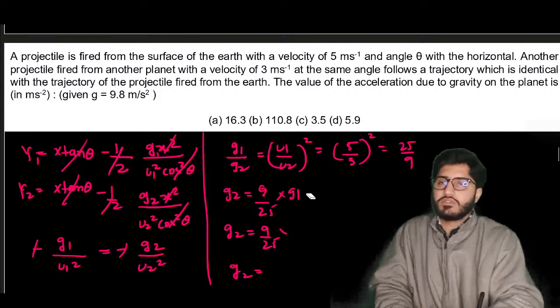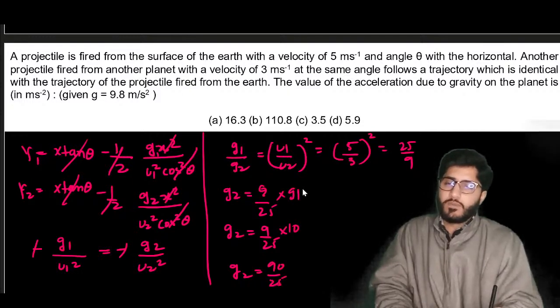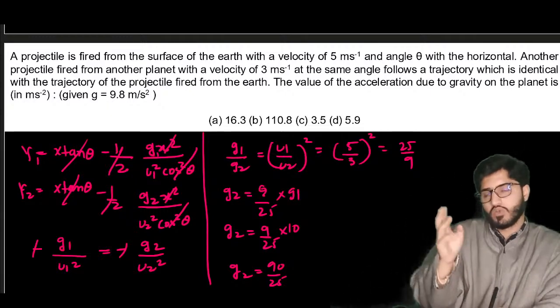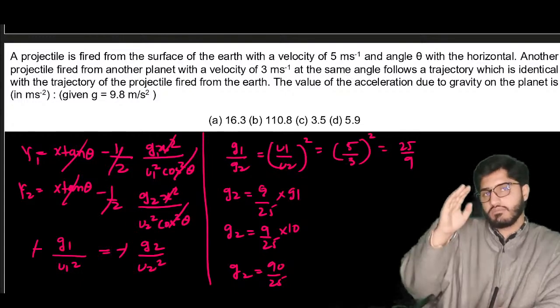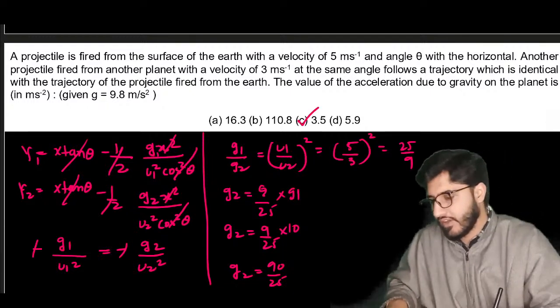So 90 by 25: 25 ones are 25, 25 twos are 50, 25 threes are 75, 25 fours are 100. So it is more than 3 and below 4. I guess C, 3.5 is the correct answer.